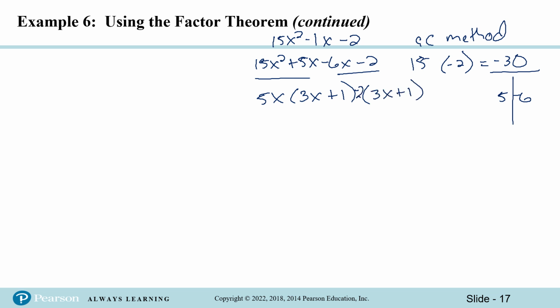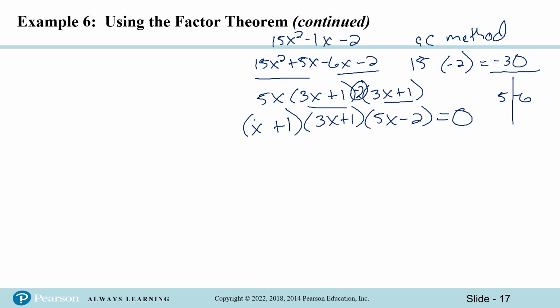3x plus 1, and 3x plus 1 because we have a GCF. And then 5x minus 2. Okay, but I already had an x plus 1. From the prior slide, I had an x plus 1 and I had a 15x squared minus x minus 2.